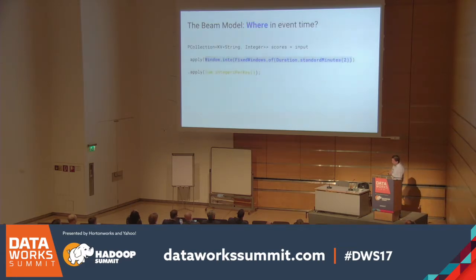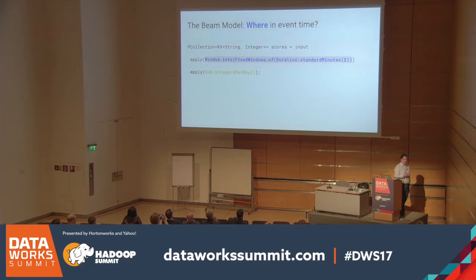Now, let's start building up a more and more complex pipeline. So let's start playing a little bit with event time. We do have to specify event time if we are ever going to come to a full real-time system that can run on an infinite data set. And here, we are specifying to the system that the input should be windowed into fixed windows of a given duration, right?